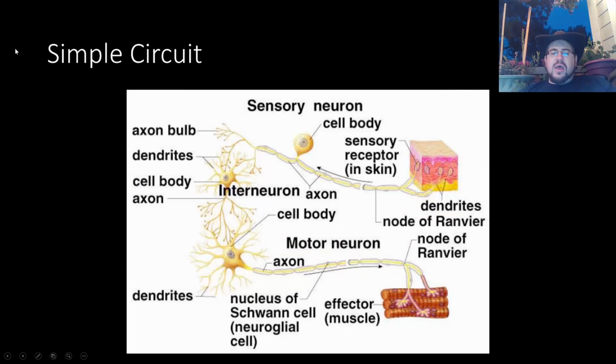And here's just a little bit more detailed of an image showing some different kinds of neurons. So this is right here up top a sensory neuron, say a little receptor in the skin. So the receptors are actually just naked axons. And in this case, sensory receptors actually start with an axon and a sensory structure.